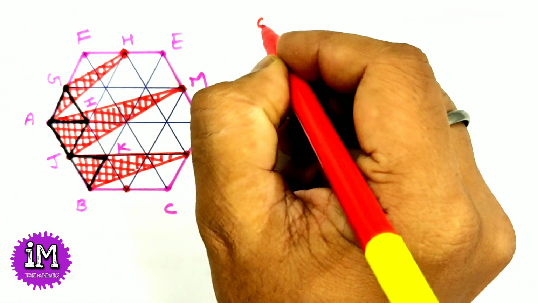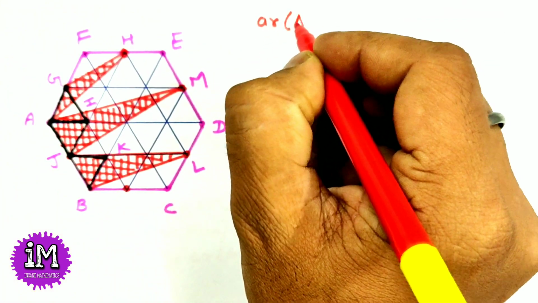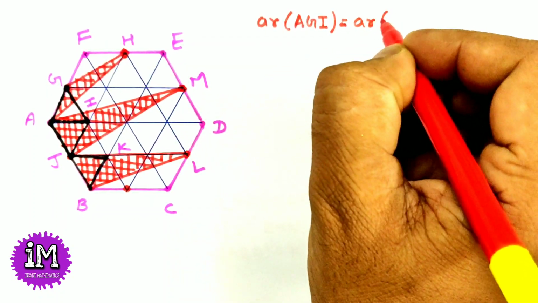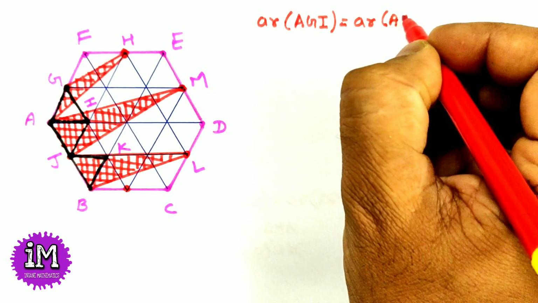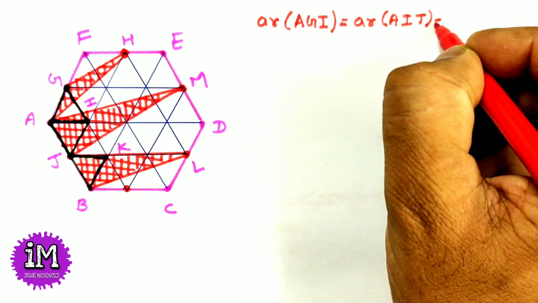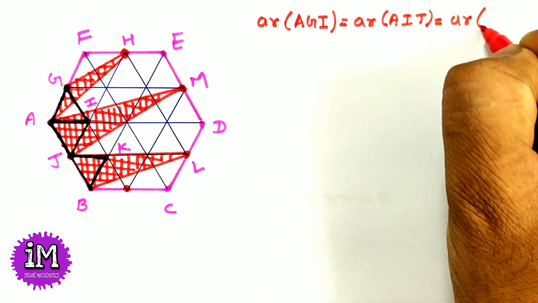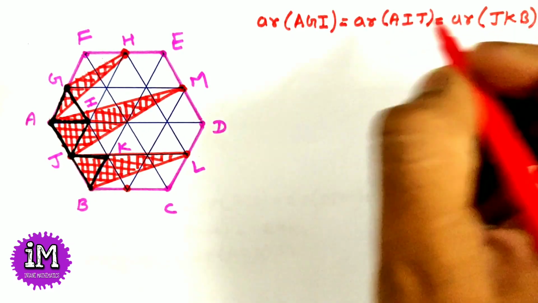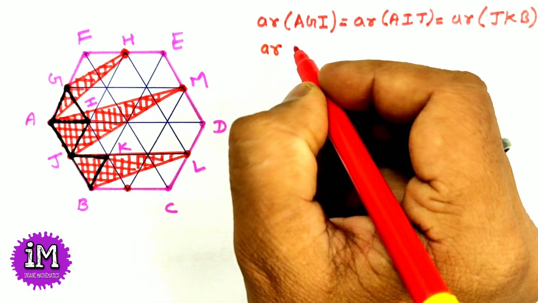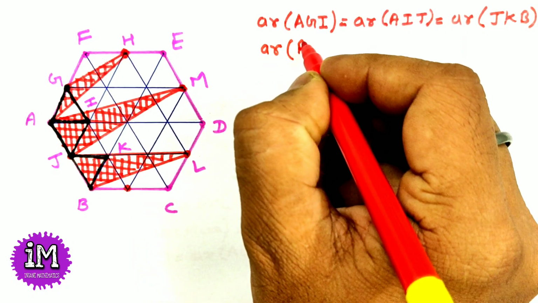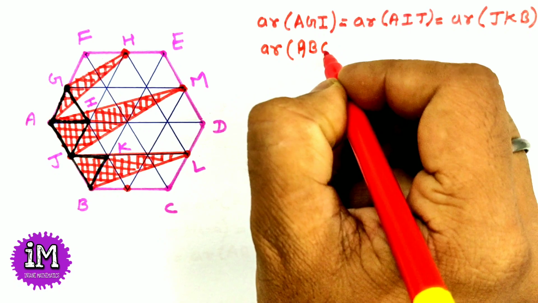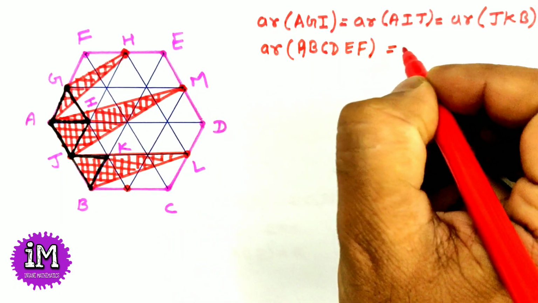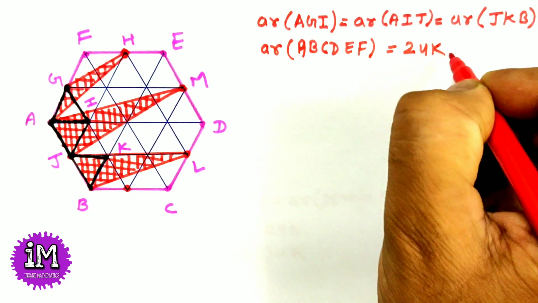So area of triangle AGI is equal to area of triangle AIJ, which is equal to area of triangle JKB, and each will be equal to K, and the area of regular hexagon ABCDEF will be 24K.